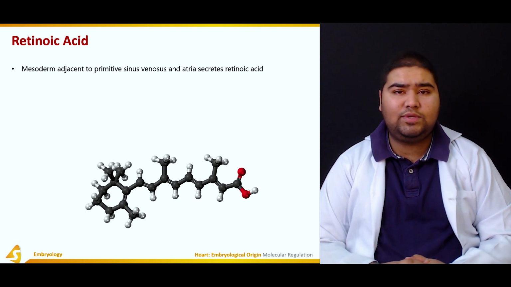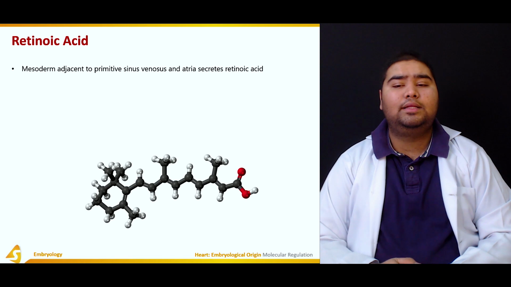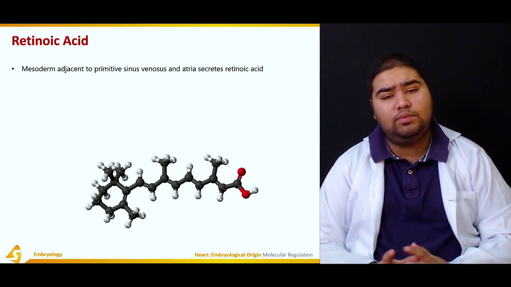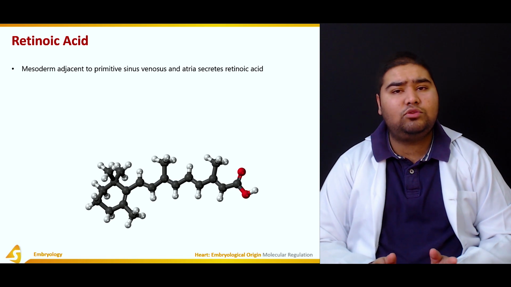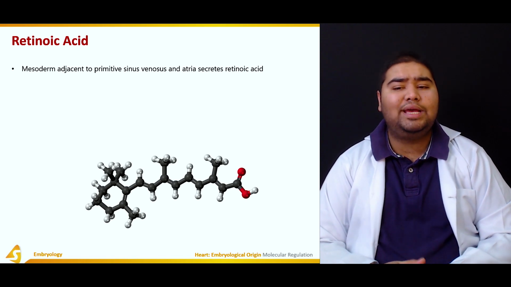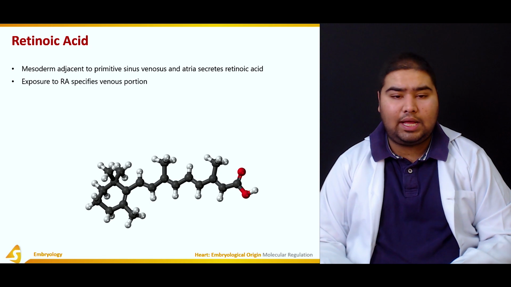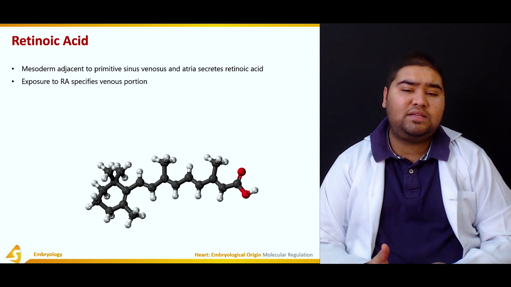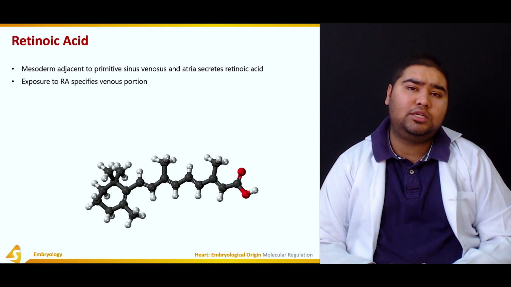So the mesoderm, which is adjacent to the primitive sinus venosus and the atrial regions, secretes the retinoic acid. So towards the caudal end of the heart tube, the mesoderm adjacent to the caudal end of the heart tube secretes retinoic acid. Exposure to retinoic acid specifies the venous portions of the heart tube.